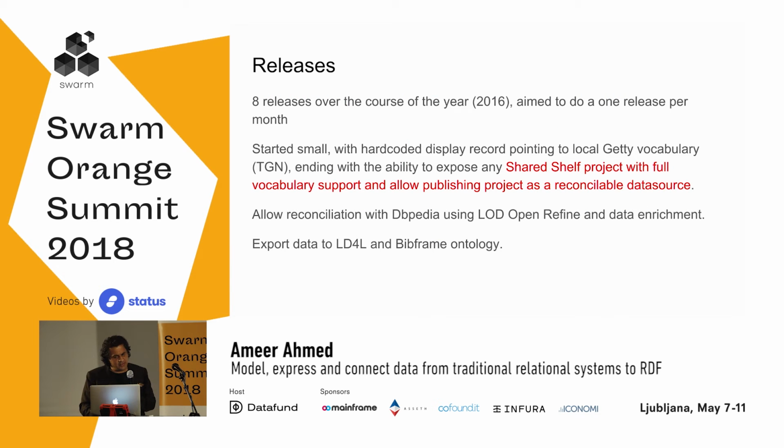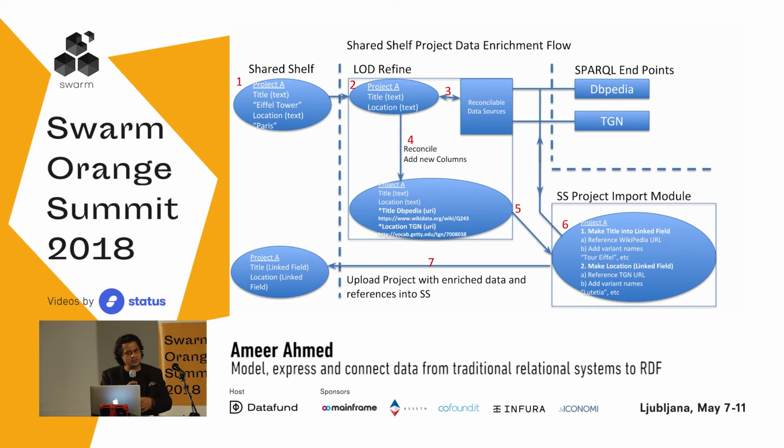I'm going to talk briefly about data enrichment, just how that process works. Imagine you have very simple Eiffel Tower text as a title, location as Paris. You take an export of this and import it into LOD Refine. LOD Refine is a project which allows you to work with messy data and also has links to various vocabularies in the LOD space.